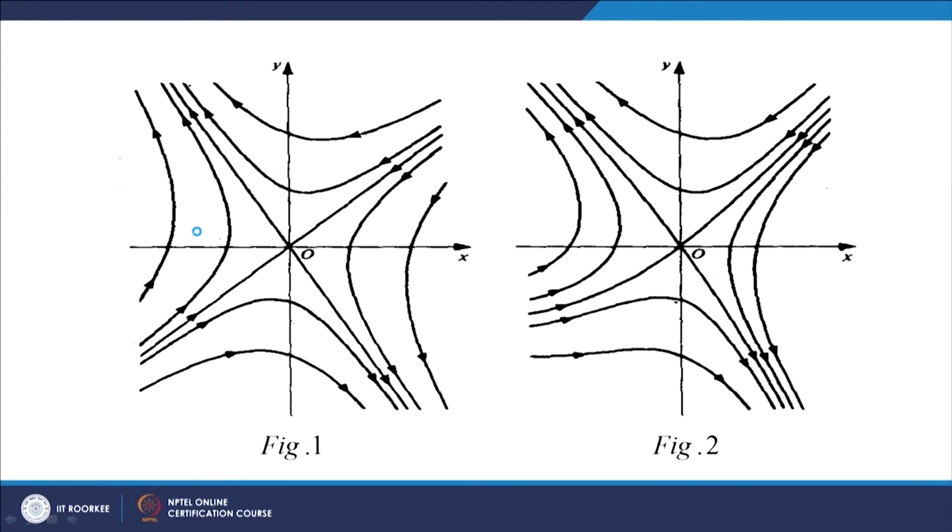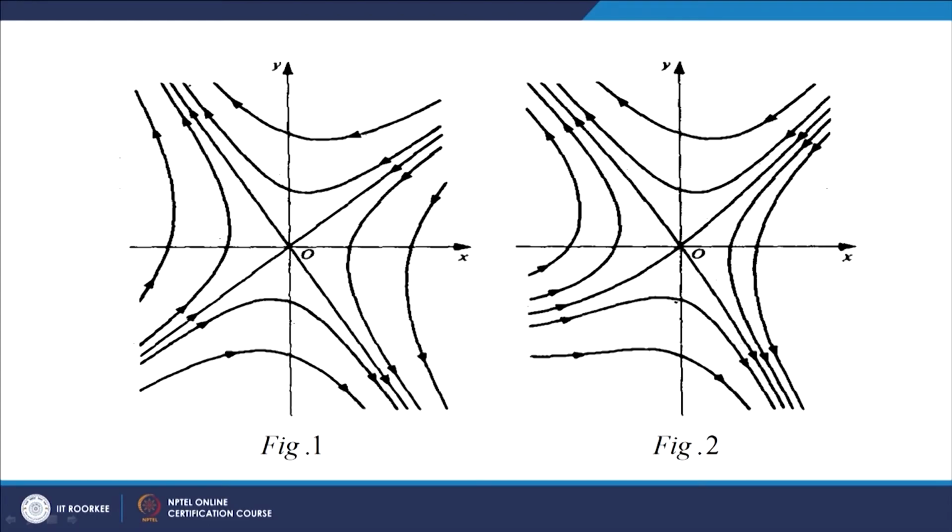So, we can see here we have two half line paths, which enter and approach 0 0 as t goes to plus infinity, and then we have two other half line paths, which also enter and approach 0 0, but for t tends to minus infinity, and these are the non-rectilinear paths which are asymptotic to one of the four half line paths.